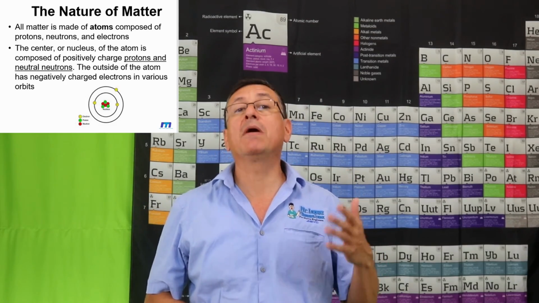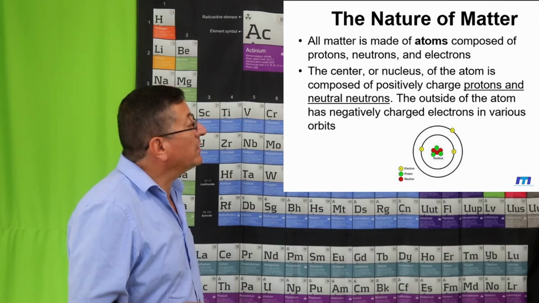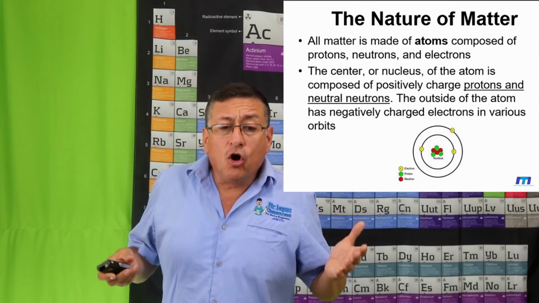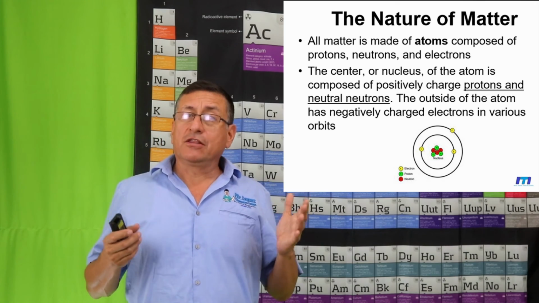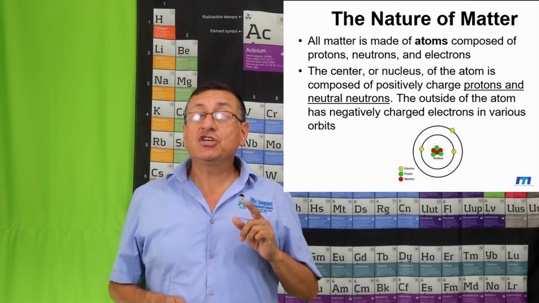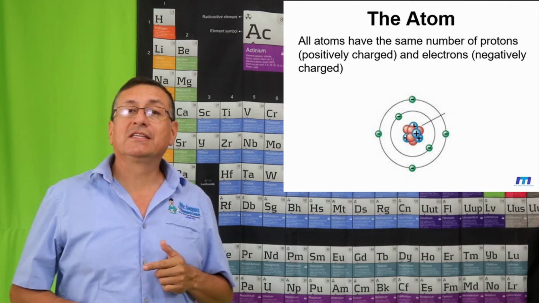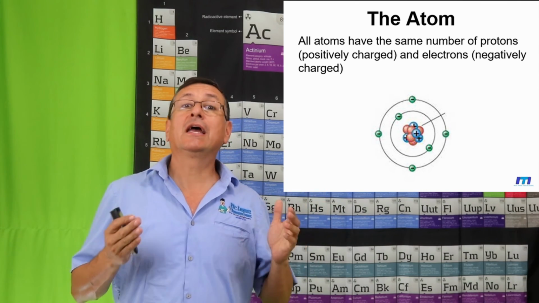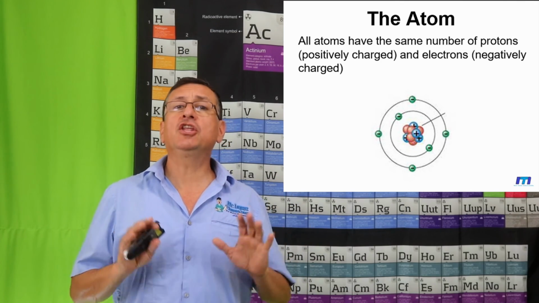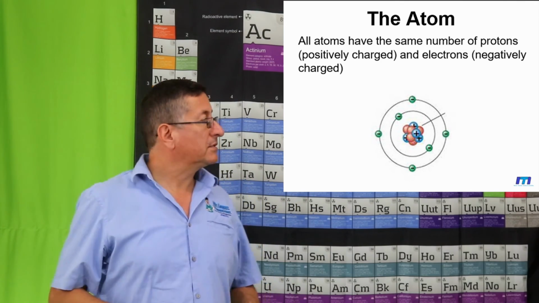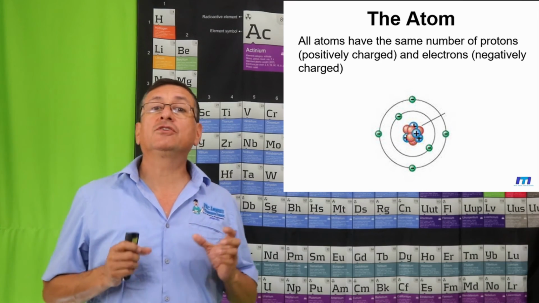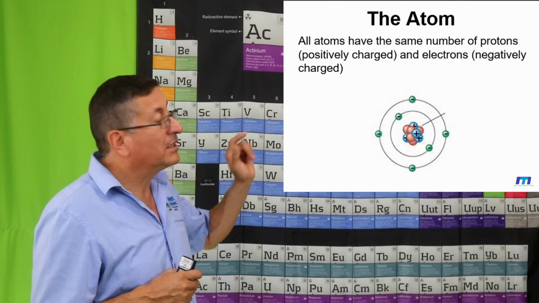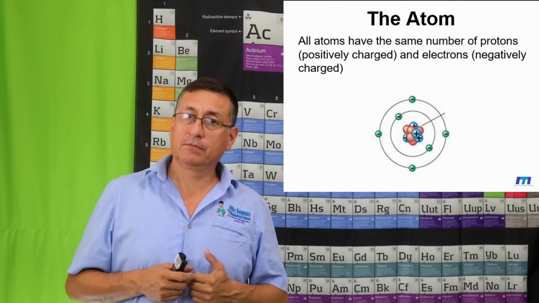We are going to start with the fundamentals of all of those types of material: matter, the nature of matter. What is the meaning of that? All matter is made of atoms, and each atom internally is composed of protons, positive charge, electrons, negative charge, and neutrons, neutral charge. The atom in the center is composed of protons and neutrons, and the orbits are with electrons.